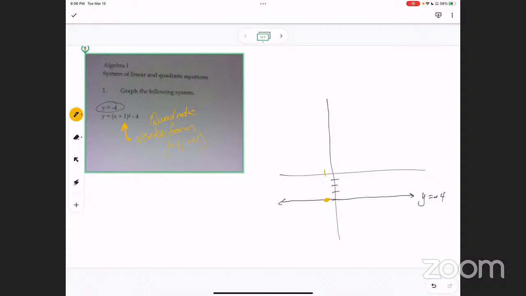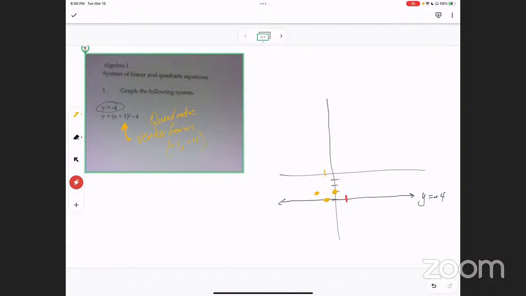Is it opening up or down? Up. That's right. It's opening up because it's positive, and a is 1. So watch, when I go over 1, I'll go up 1. When I go over 2 from the vertex, I'll go up how much?